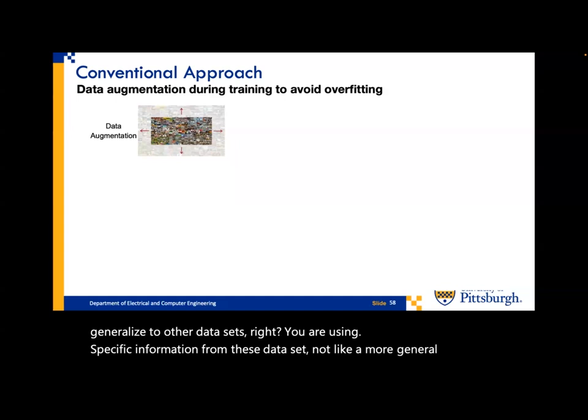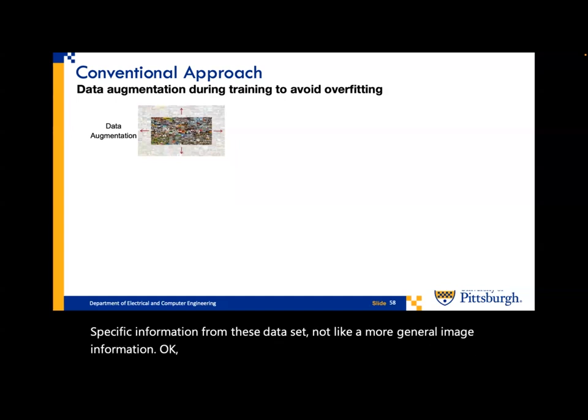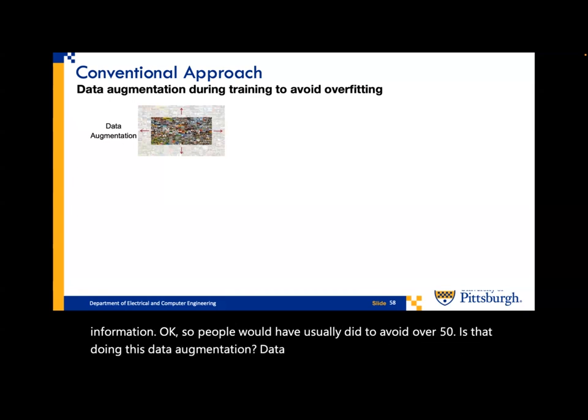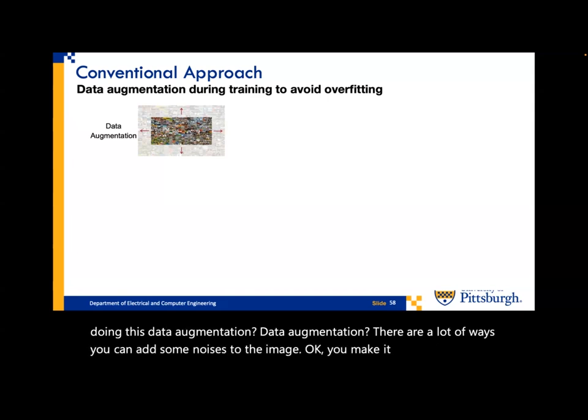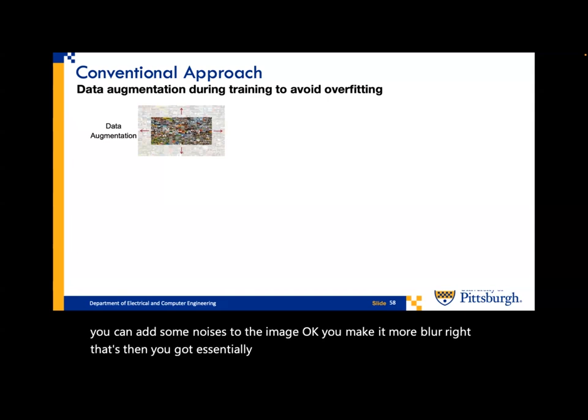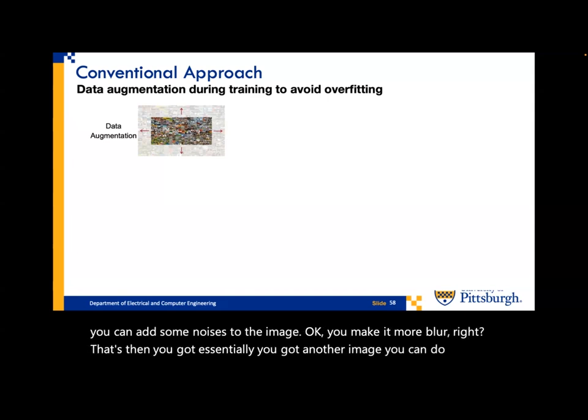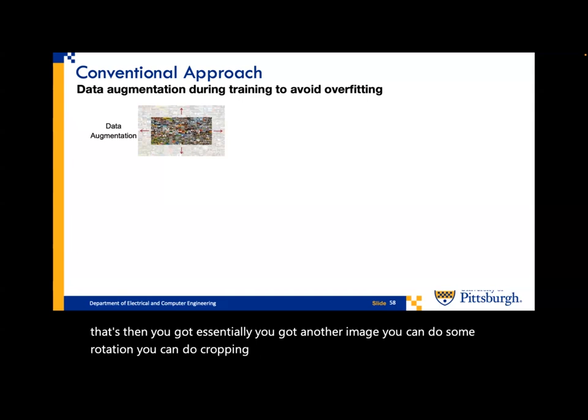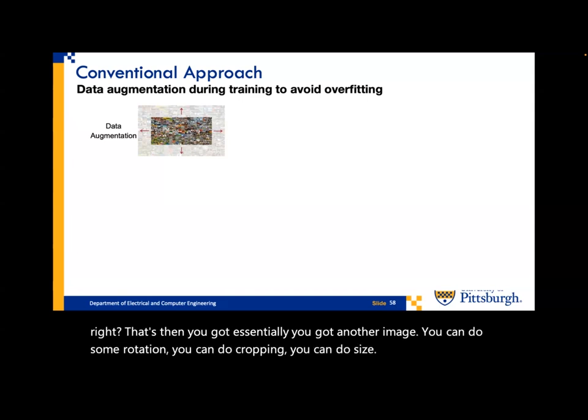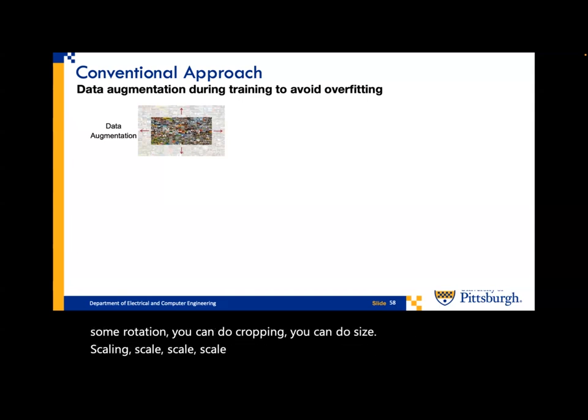So what people usually do to avoid overfitting is data augmentation. There are a lot of ways. You can add some noise to the image. You can make it more blurry, and then you essentially get another image. You can do some rotation, cropping, scaling in and scaling out. With all this, you get another set of images.